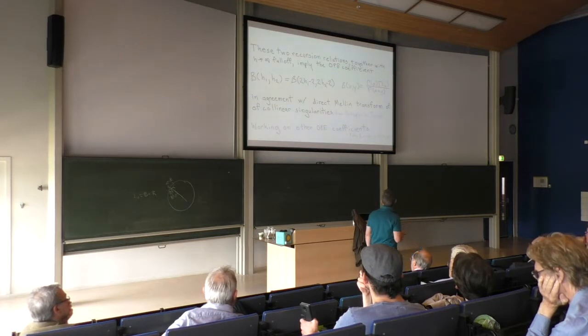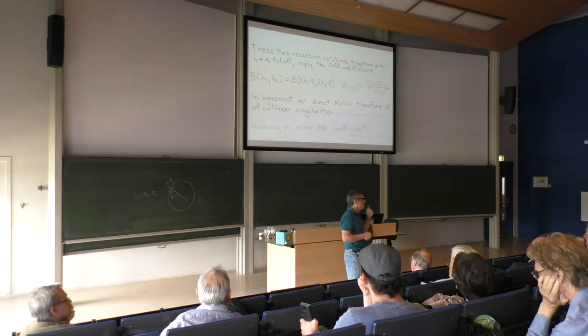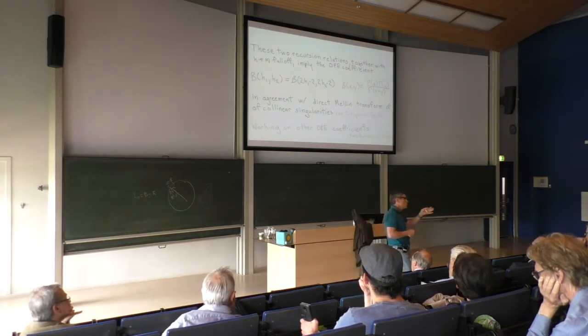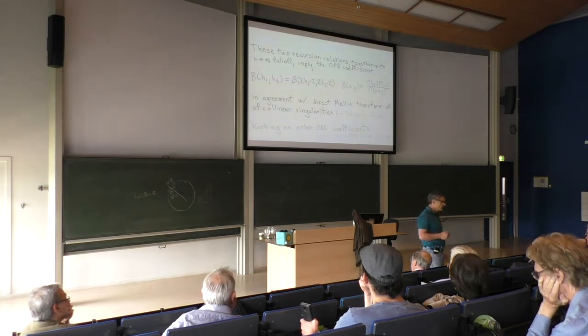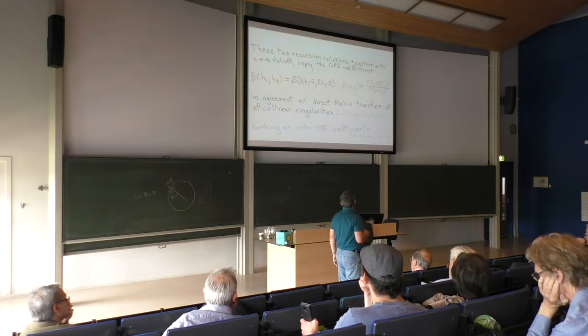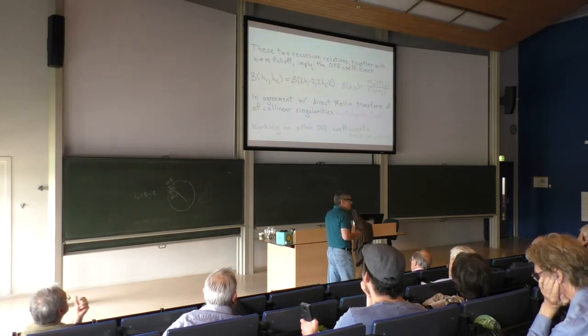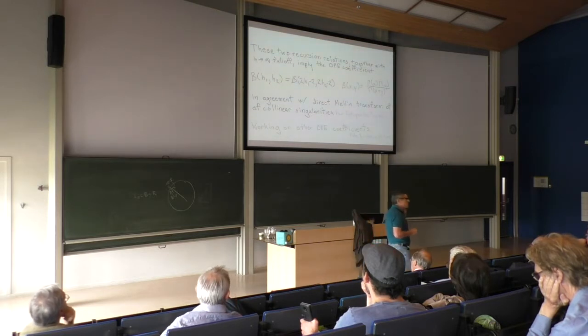And this also works for the case of two positive helicity gravitons, positive graviton, positive gluon, and we're working on the mixed helicity case, and there's some chance that it works there. So this demonstrates that these symmetries are extremely powerful.